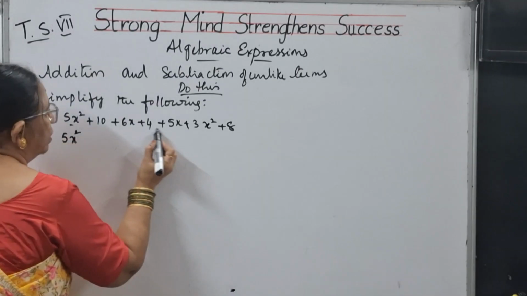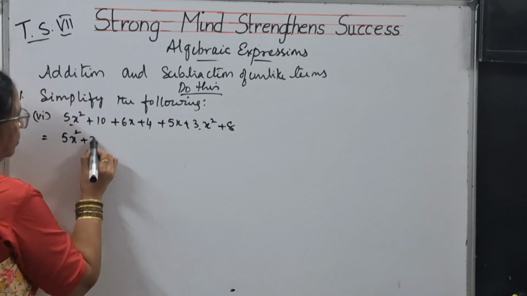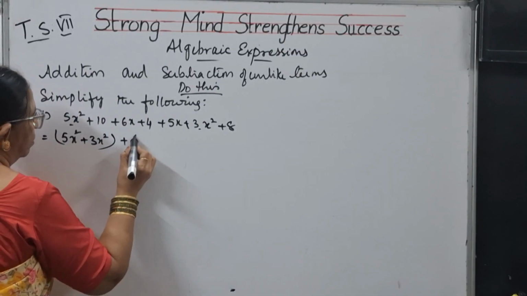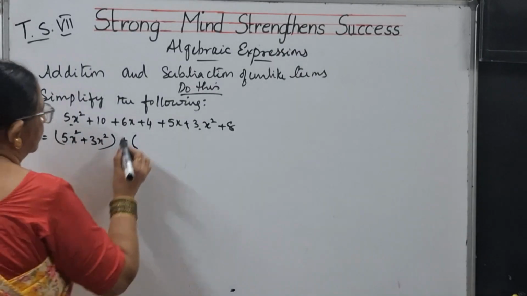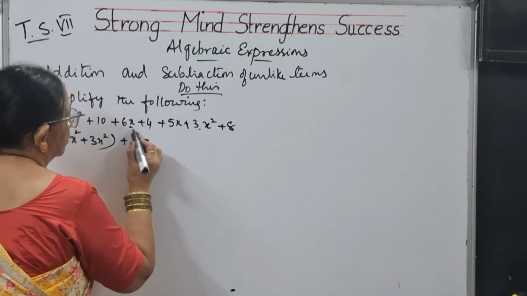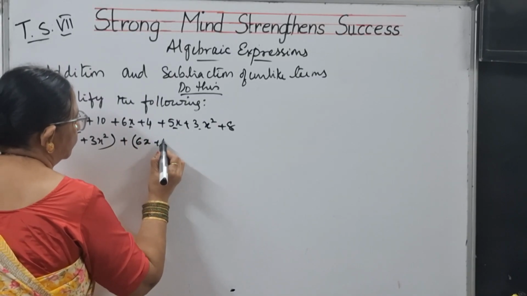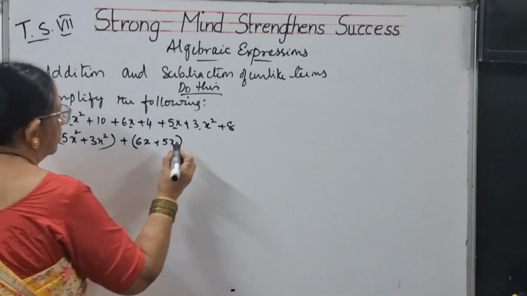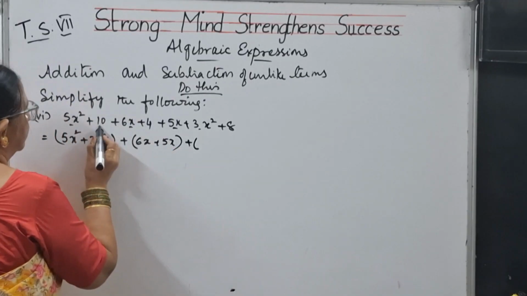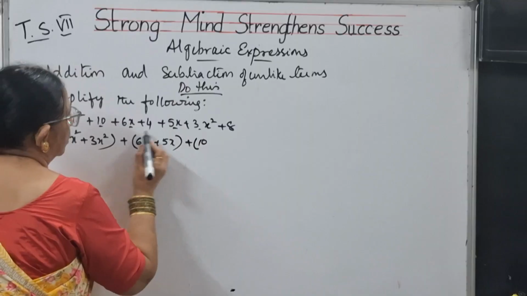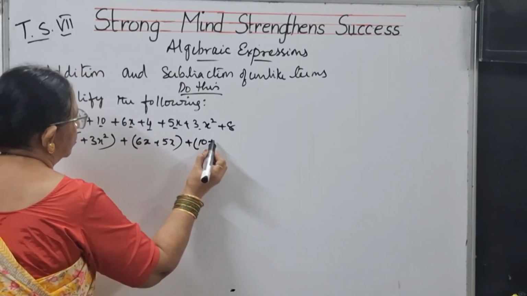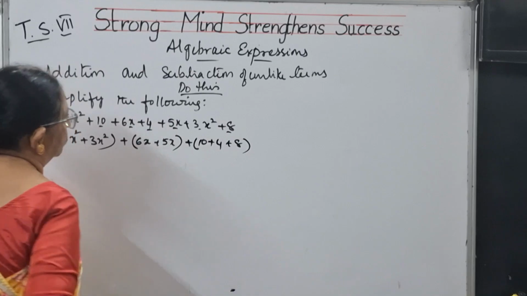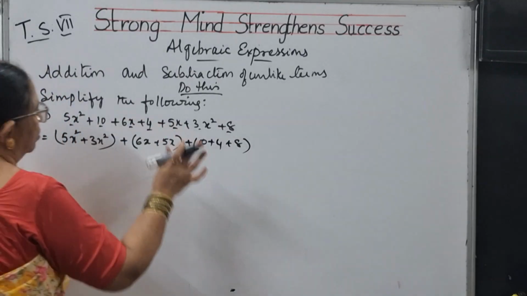5x square, here I have got plus 3x square, is one group. Next 6x plus 5x, that's all, is in one group. Next plus the numbers 10 plus 4 plus 8. Okay, so I have taken all the elements.